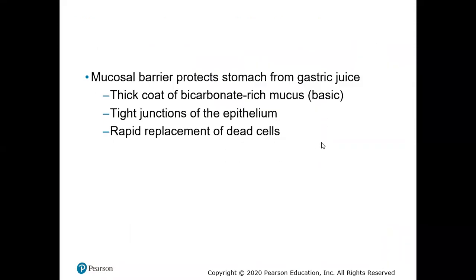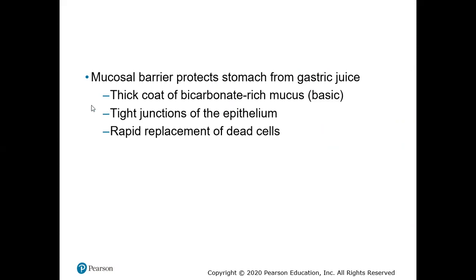There is a mucosal barrier that is produced. It is a double layer of mucus, and it contains bicarbonate in between those mucus layers. This helps to protect the stomach from getting digested.